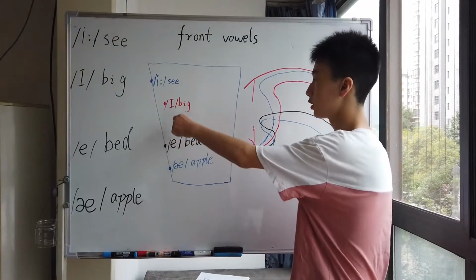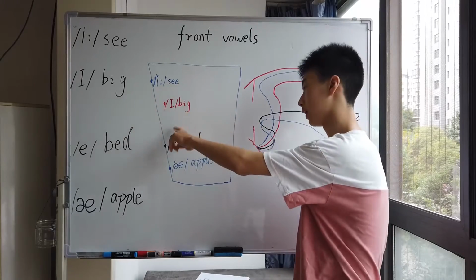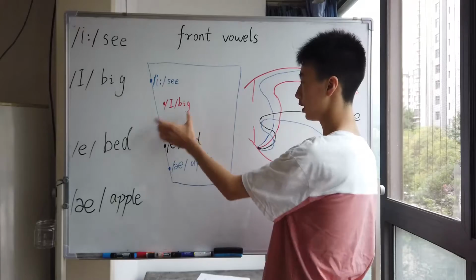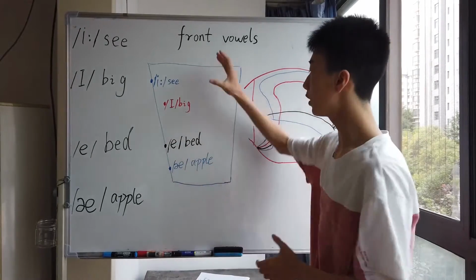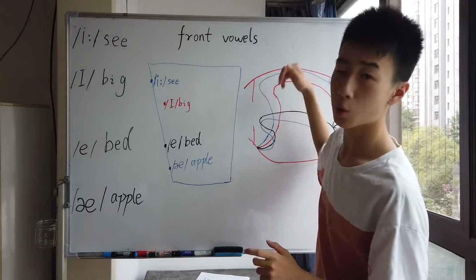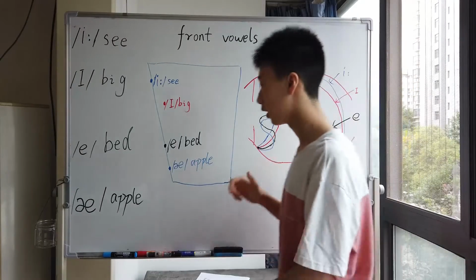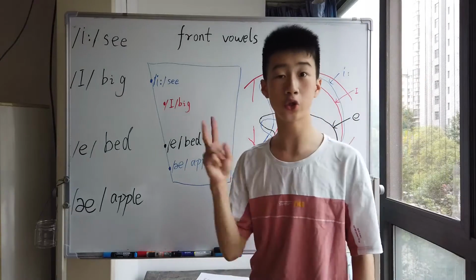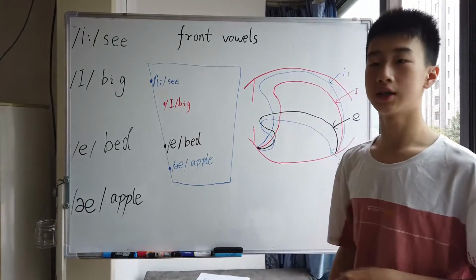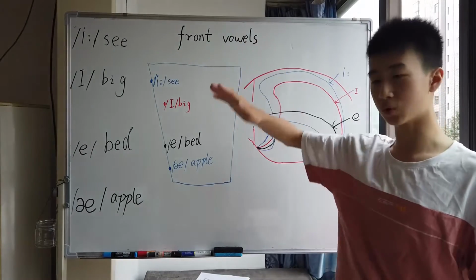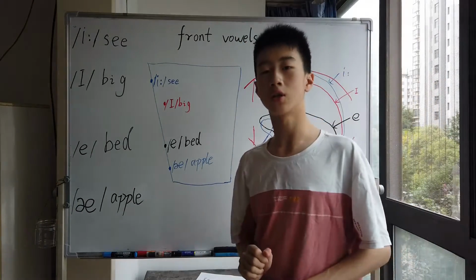So these are the front vowels, so I've drawn them on the left side. And this front, back. Well, what does this mean? It means whether your tongue position is high or low. But whether the tongue position is high or low depends mainly on two things. One is your tongue by itself moving upward or downward. But there's another way.